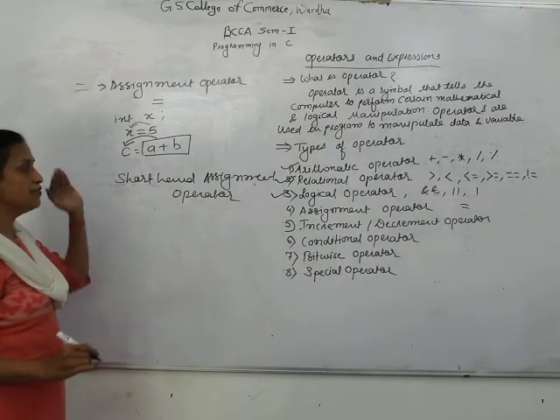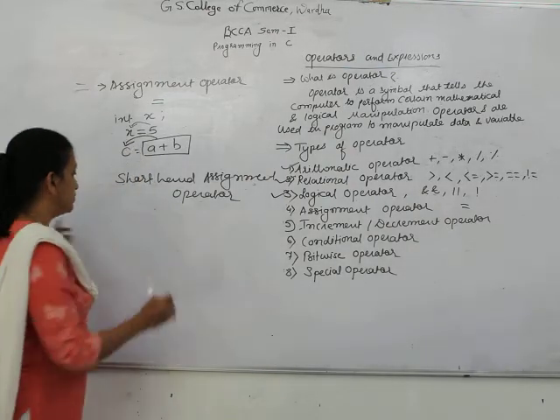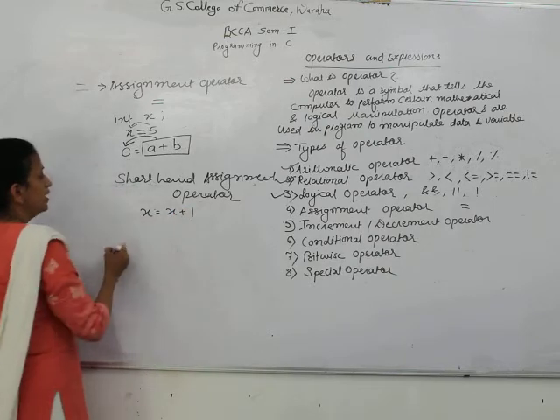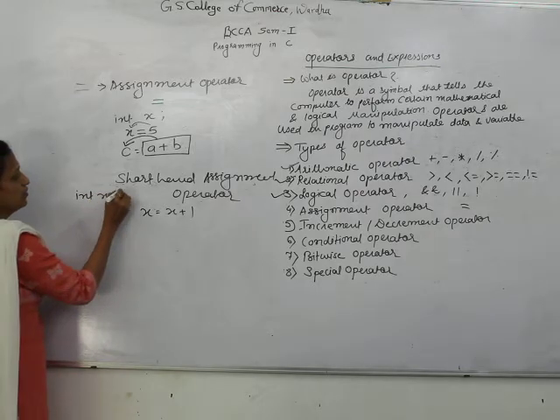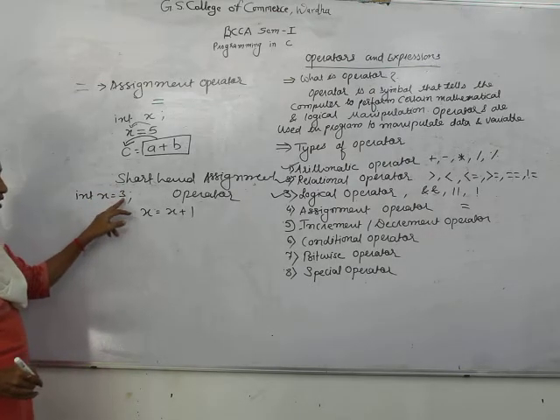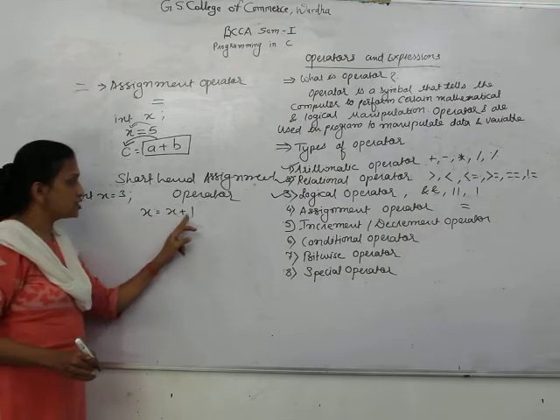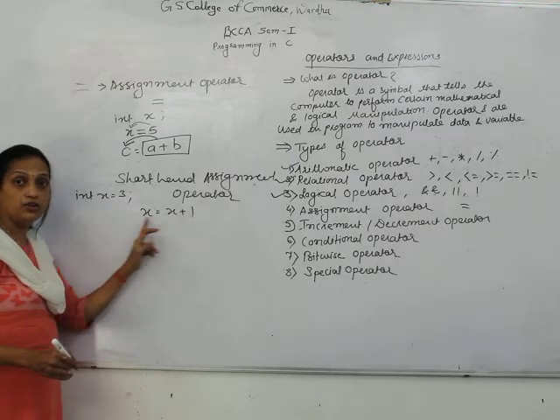Shorthand. Suppose you want to increase the value of the same variable, that means you want x is equals to x plus 1, and here x is any integer value. Suppose we have taken 3. So we assign the value of 3 to x, and the next expression is x plus 1, means 3 plus 1, and you assign the same value to x.